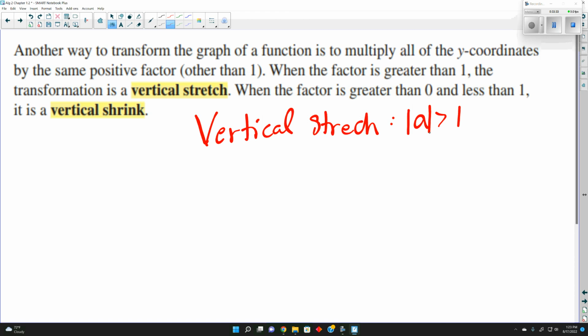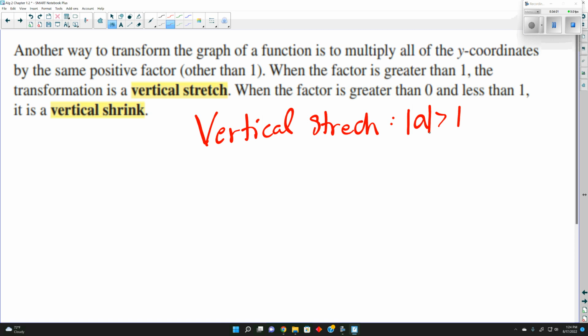We do not care about the sign of A. Because if this A is negative, what are we talking about? When it's negative, it's a, not that. What did we just do? It's a reflection. Because if A is negative, it's not talking about stretch or shrink. The negative is purely with the reflection.